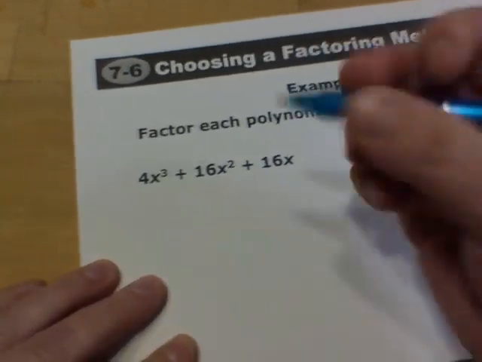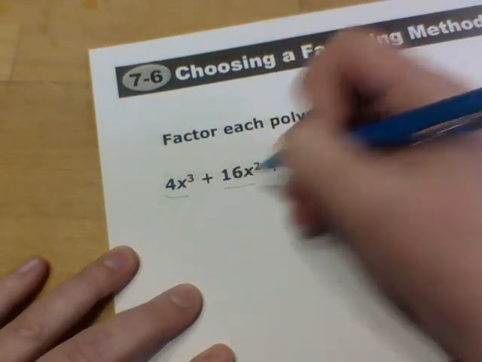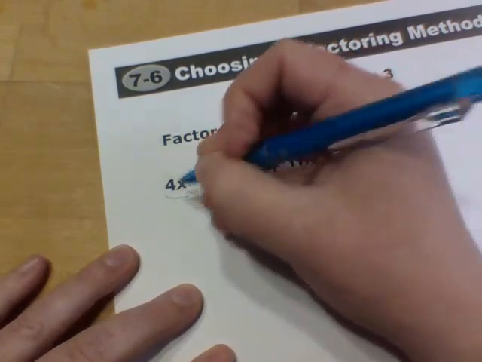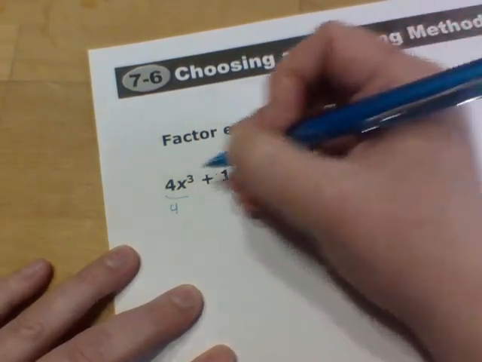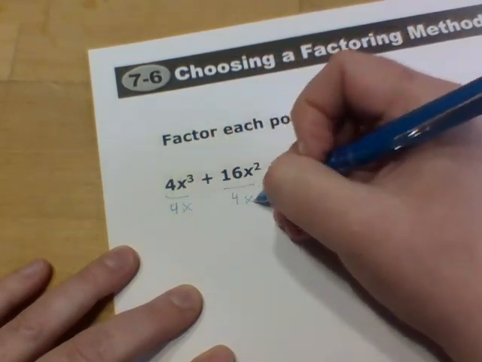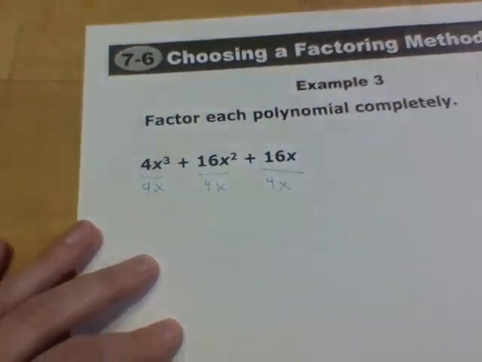So the GCF from each of these, notice each of them is divisible by 4, so we can divide by 4, and each of them has at least an x, so we can divide that out as well.